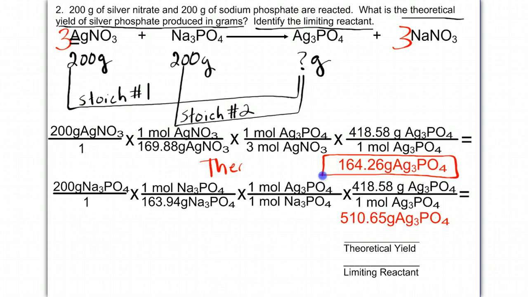164.26, which means this came from the excess. It's not actually anything. It's not a theoretical yield or anything. It's a meaningless number. However, we can use that to identify that because this is my theoretical yield, that makes this my limiting reactant.